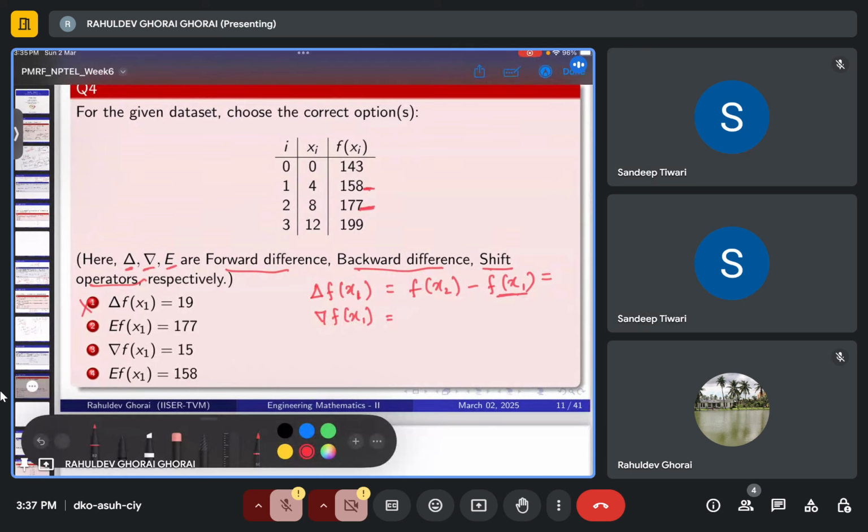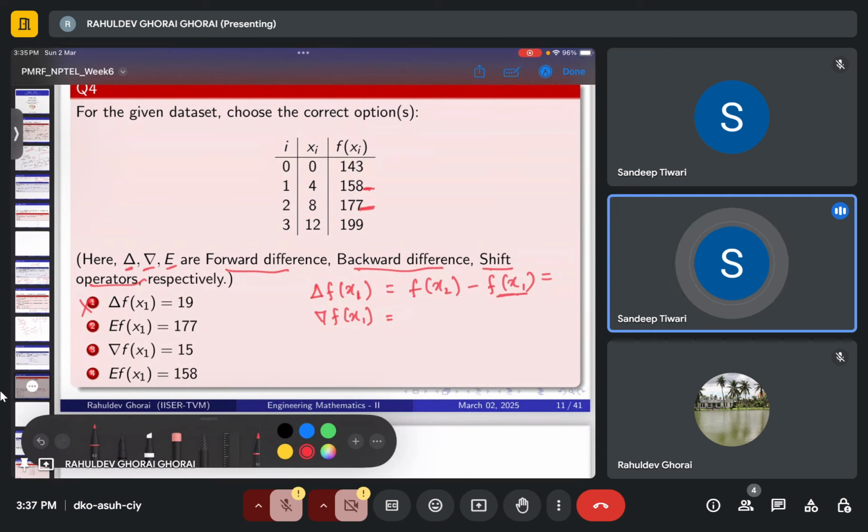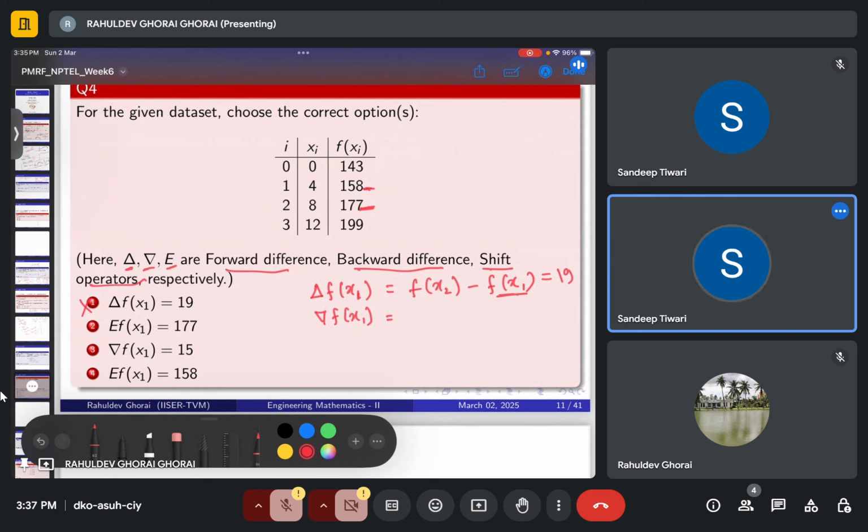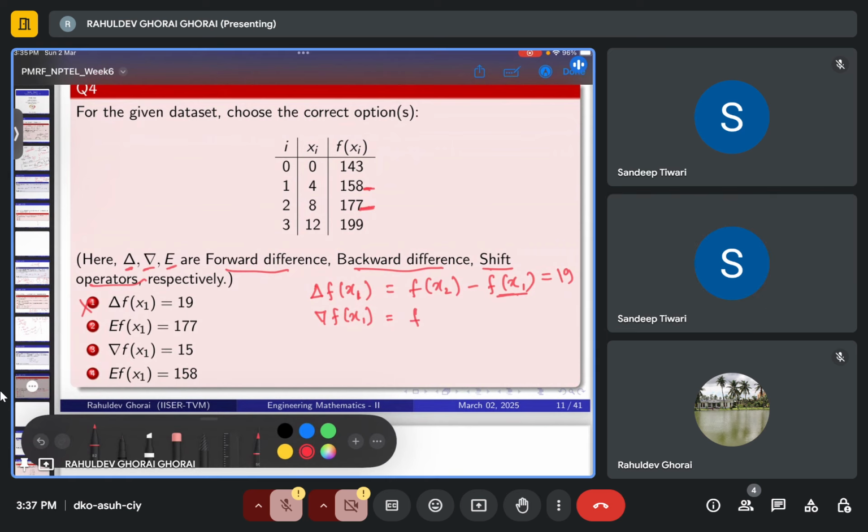This will be x0. That is 19, this is correct. And backward, if you take f of x1 minus f of x0, that is 15. Both of these two options are correct.